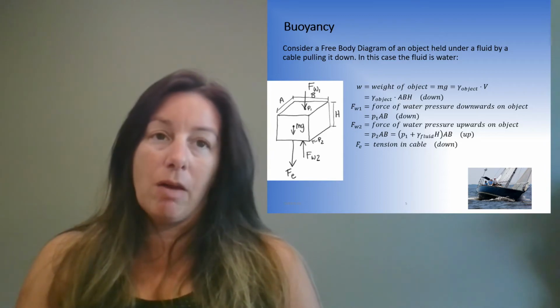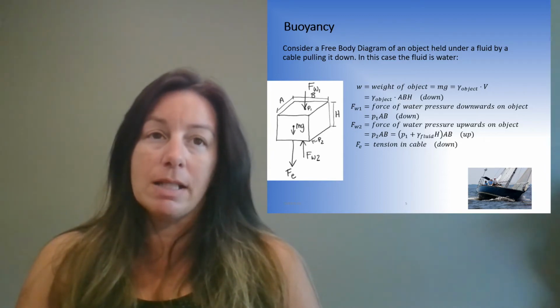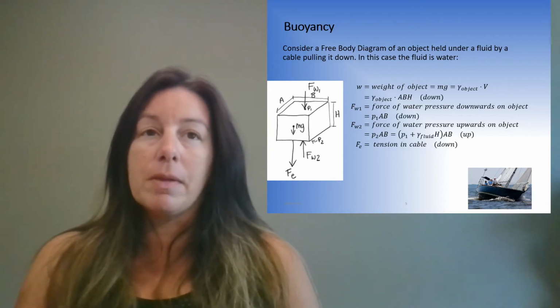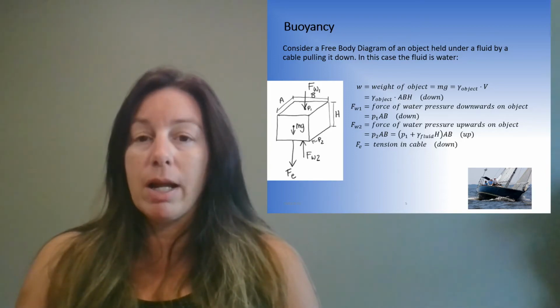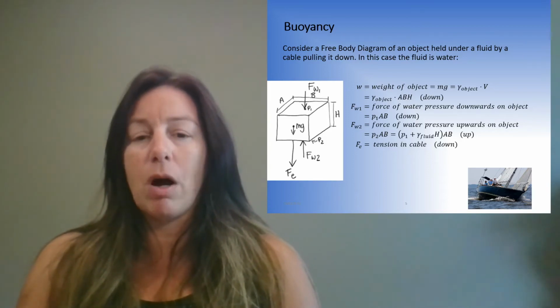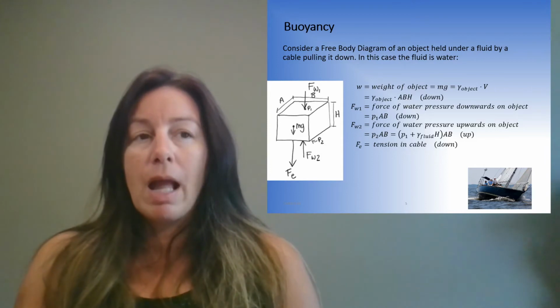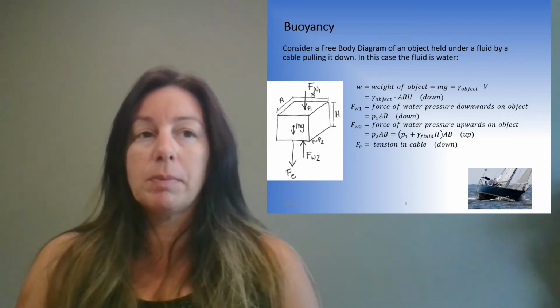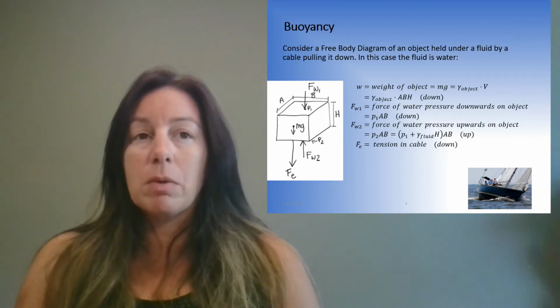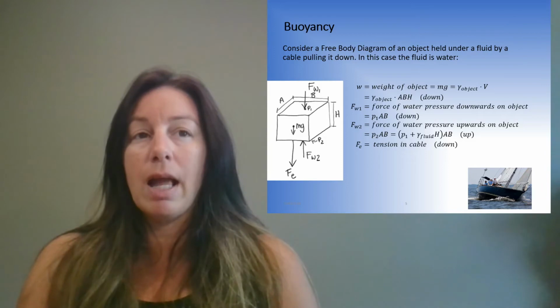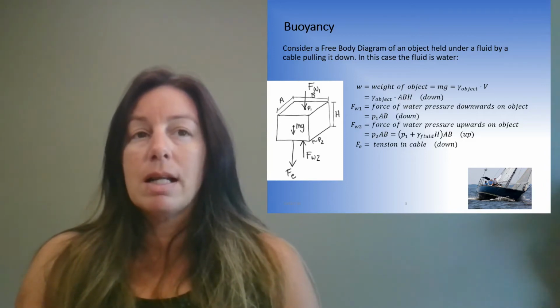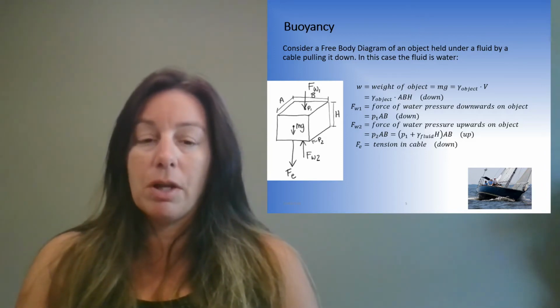What else do we have? We've got F subscript W1, so this is the submerged body, right? This is the force of the water pressure acting at the top of the object, and it's acting downward. Remember, it's the pressure times that area, A, B, and it's acting at the centroid there.